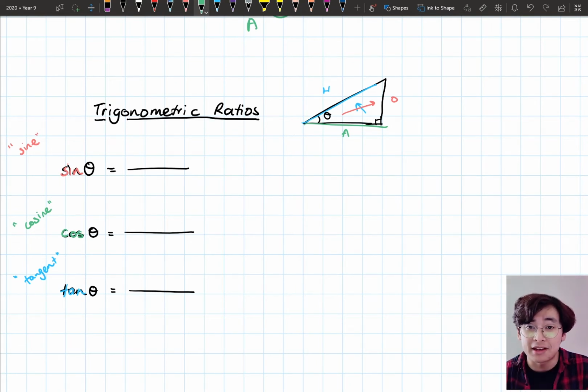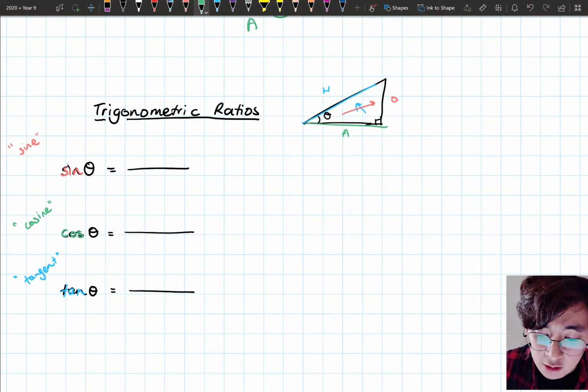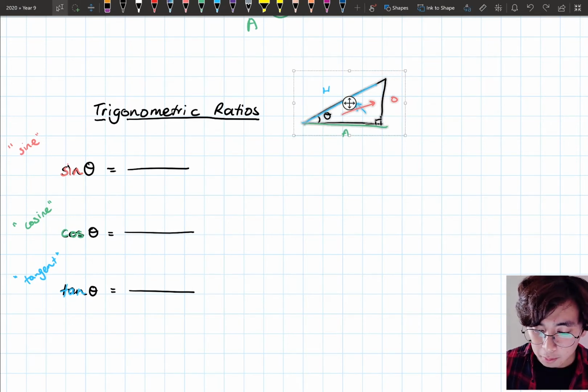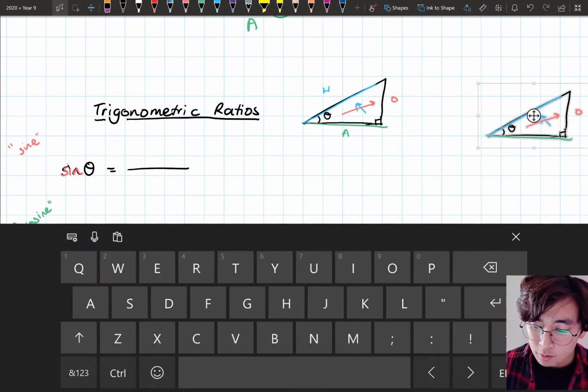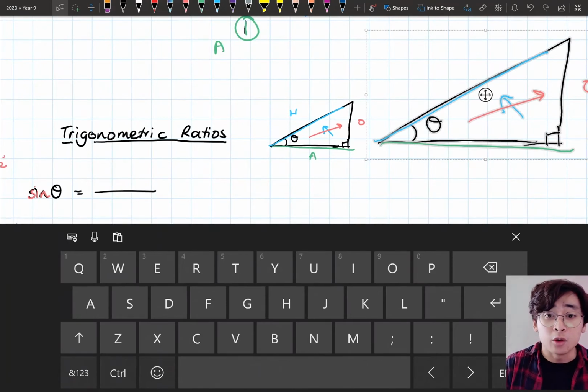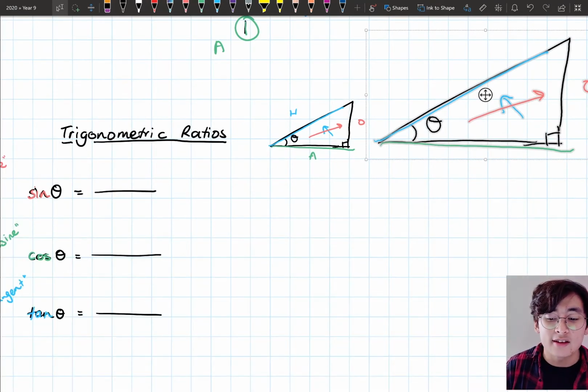So we might not know what theta is, but you can have different triangles with the exact same angle. For example, I can take this triangle and put it right here, and I can make it bigger. Now, that angle theta has stayed the same size.